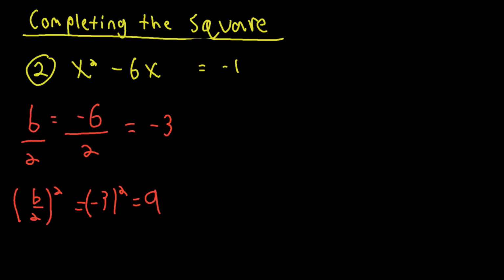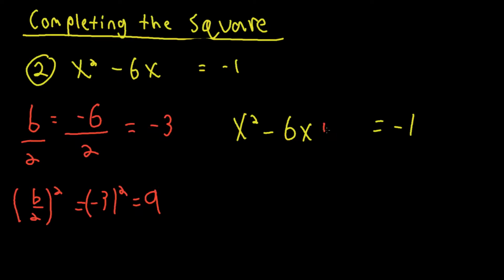Alright, now I'm going to go back into my original problem, x squared minus 6x minus 1 equals -1. And I'm going to write it like this: x squared minus 6x, leave myself a little bit of room, equals -1. And, well, hopefully you can already figure this out, but I'm going to add 9 to both sides.